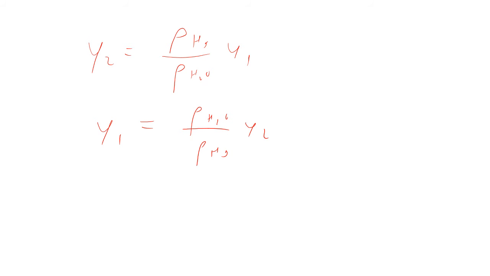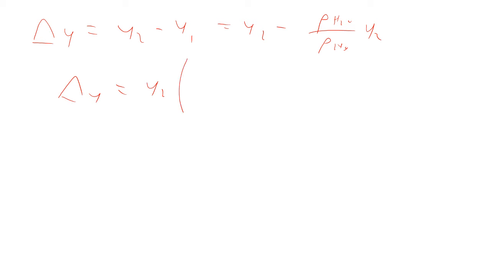Okay, so the difference in Y is Y2 minus Y1. So that's going to be Y2 minus rho of water over rho of mercury times Y2. Or in other words, it's going to be equal to Y2 times 1 minus rho of water over rho of mercury.